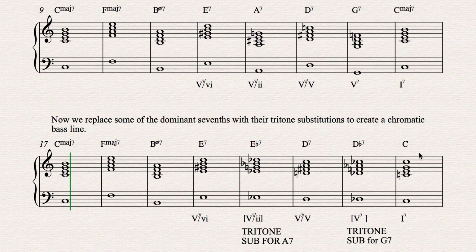So let's go ahead and play. I'm going to play the straight up tonicized version into the tritone sub version.